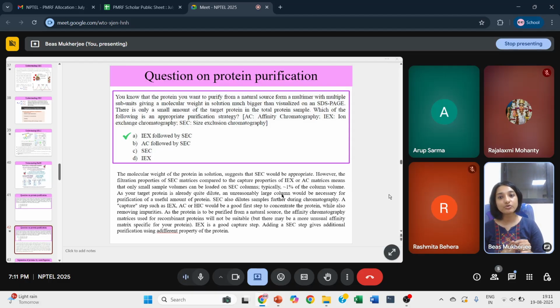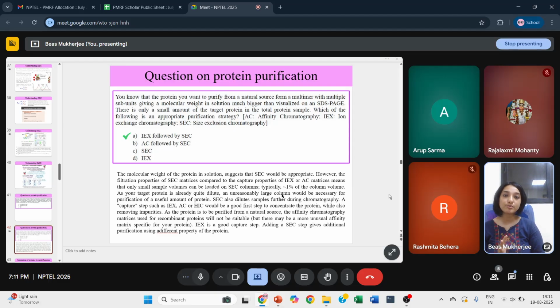As your target protein is already quite dilute, an unreasonably large column would be necessary for purification of a useful amount of protein. SEC also dilutes samples further during chromatography. A capture step such as ion exchange chromatography, affinity chromatography or hydrophobic chromatography would be a good step to concentrate the protein while also removing the impurities.